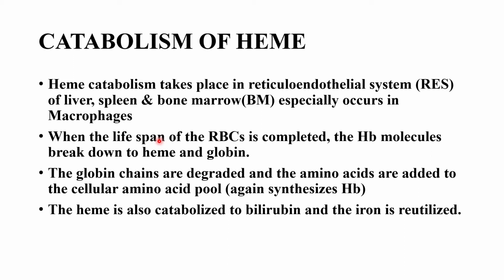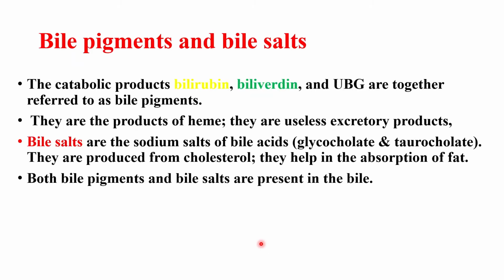The hemoglobin molecules break down to heme and globin. The globin chains are degraded and the amino acids are added to the cellular amino acid pool. This again synthesizes hemoglobin, and the heme part is catabolized to bilirubin, and iron is reutilized. We'll be discussing this in detail.